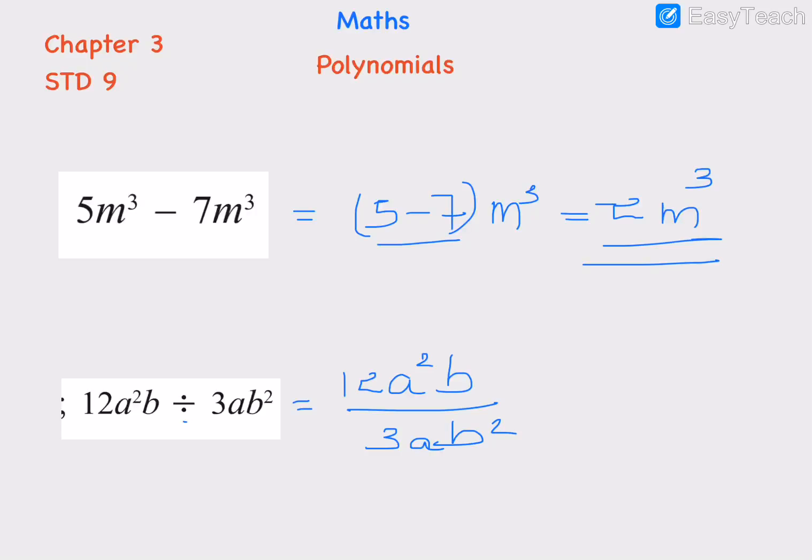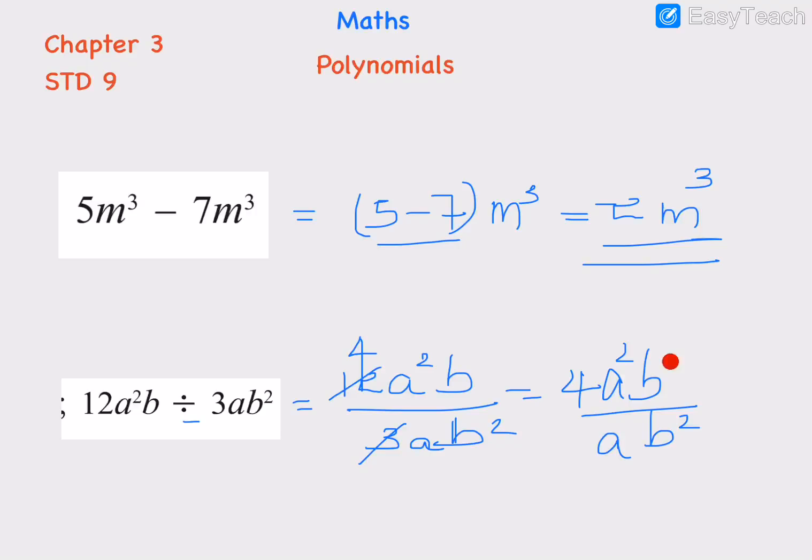Since it is a division, we can write it in fraction form, and you can see what is common: 12 and 3. We can cancel 3 here, so 4 will be here. So the answer will be 4a square b by ab square.